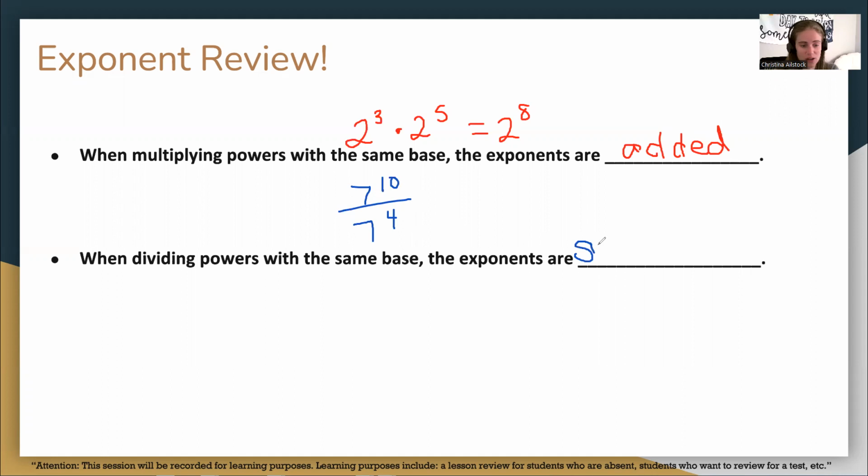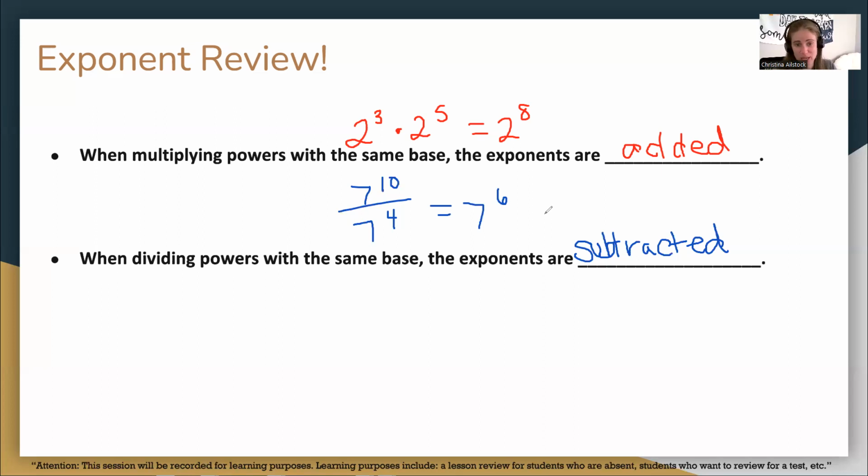Those exponents are subtracted. So 10 minus 4 is 6. All right, it is important that we remember these properties because we are going to be integrating them.